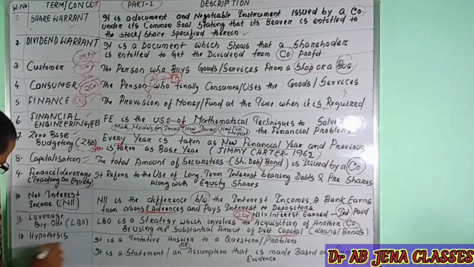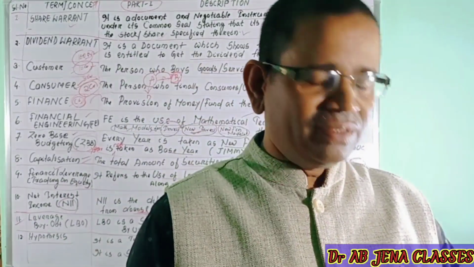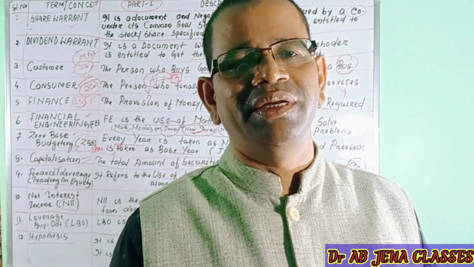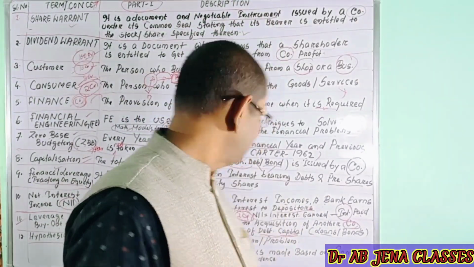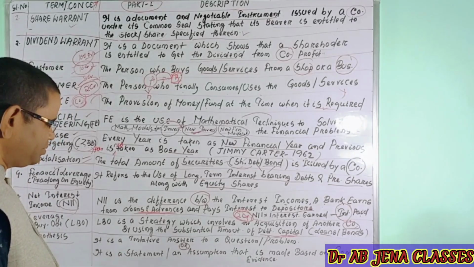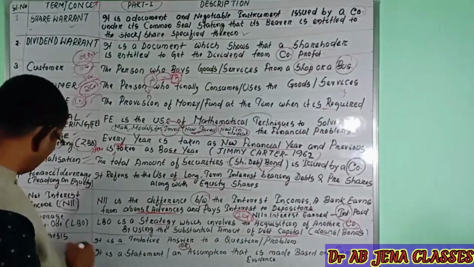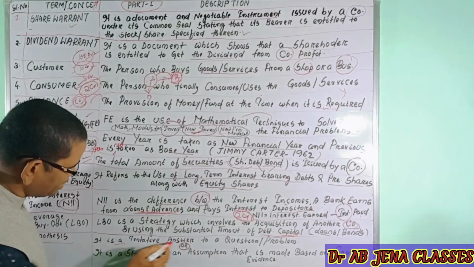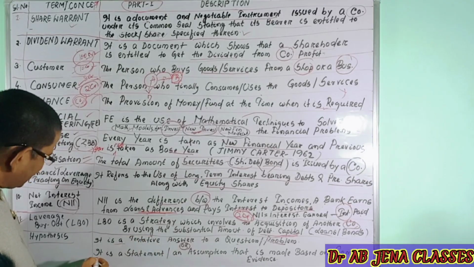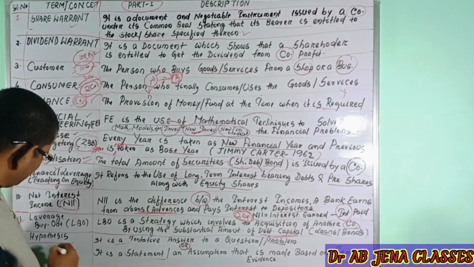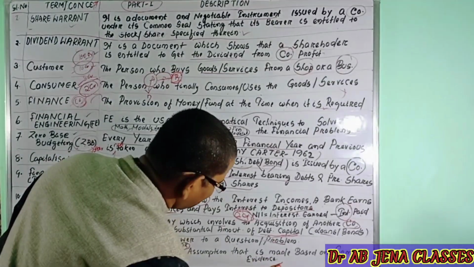Last but not least, it's the hypothesis. What is this hypothesis? It is very vital, and I think you have more or less an idea about it. Hypothesis is a tentative answer to a question or a problem. Or a hypothesis is a statement, an assumption made based on some evidence.